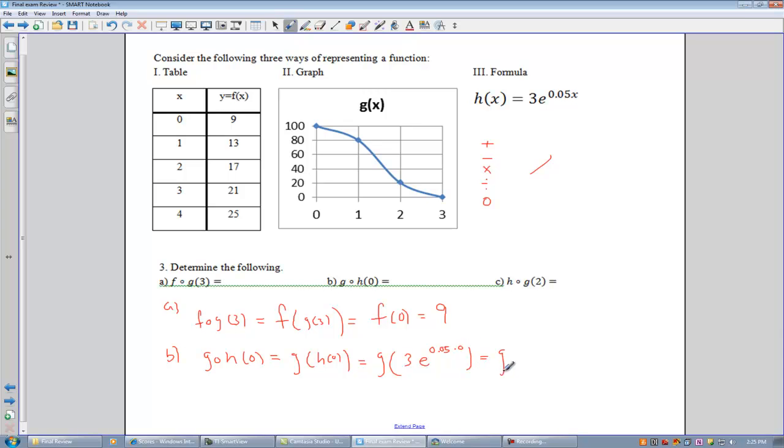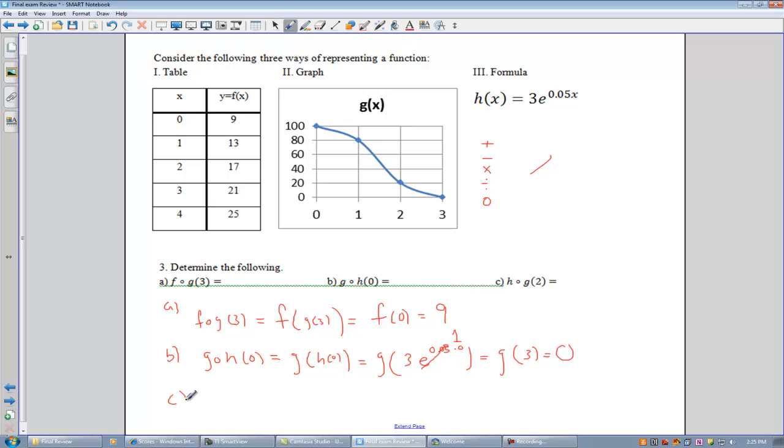This is just equal to g of, and you can plug this into your calculator, but you realize that this part here is just 1, and so 3 times 1 is 3. And again, I can find g of 3. If I plug in 3, I get out 0. And so that's equal to 0.